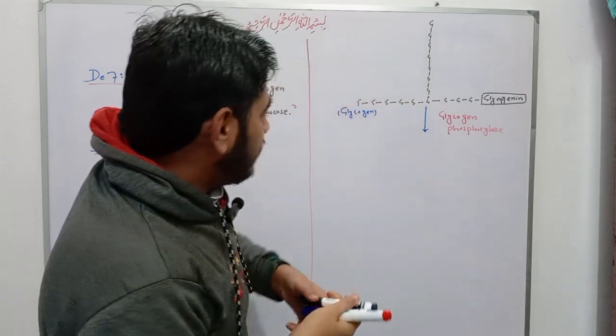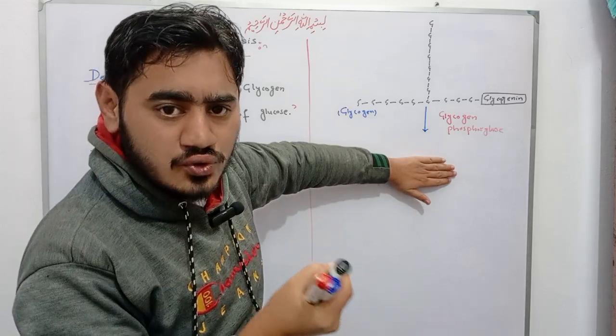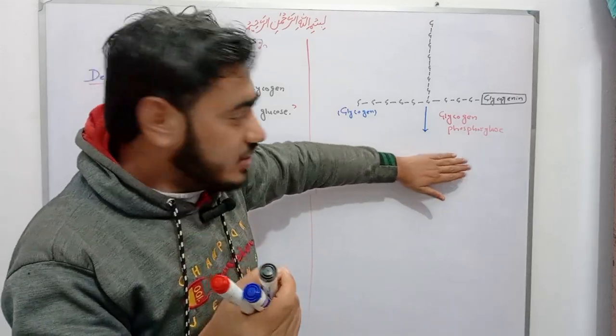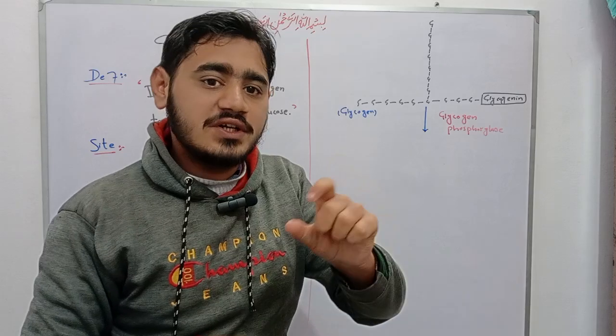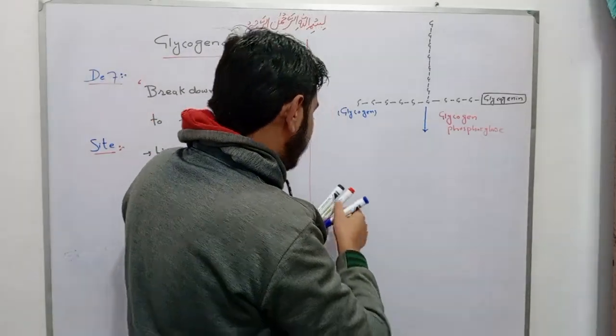This enzyme is responsible for the successive removal of glucose molecules until it leads to the formation of limit dextrin.